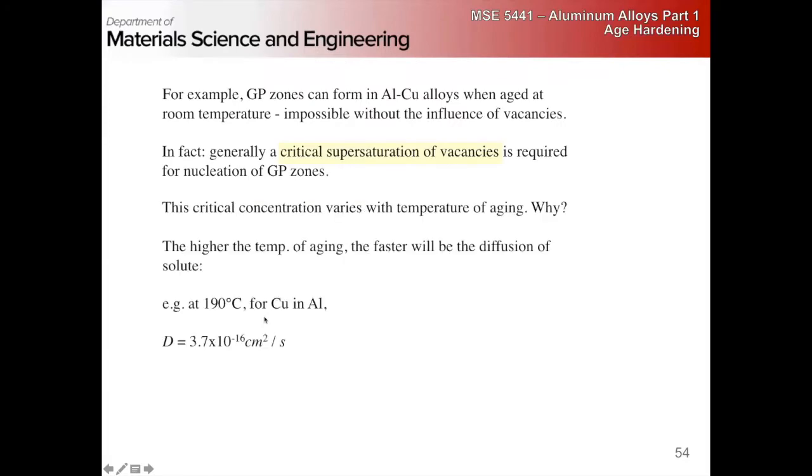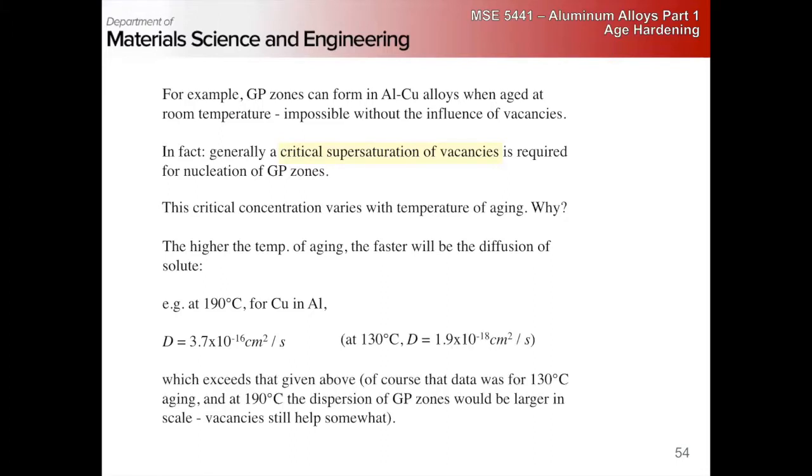If we raise our aging temperature up to 190 C, our equilibrium diffusivity data off the table is 10 to the minus 16. So we've essentially caught up. We raise the aging temperature up 60 degrees, and our diffusivity has caught up due to the temperature change.